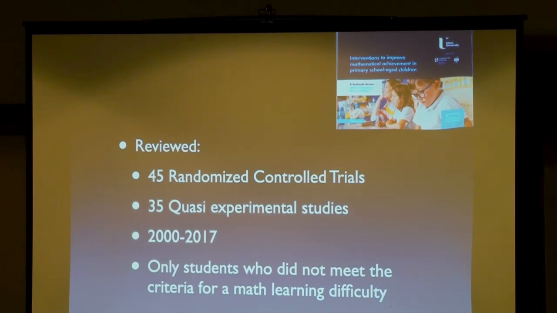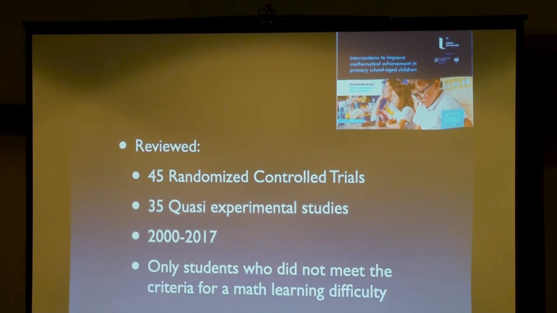They also looked at 35 quasi-experimental studies, and I think this is really important, because sometimes we think that anything that isn't a randomized controlled trial is not valuable evidence. But we can also gain insights from smaller scale studies, from less controlled studies, right? Educational settings have a lot of noise within them, so we can't completely control for that.